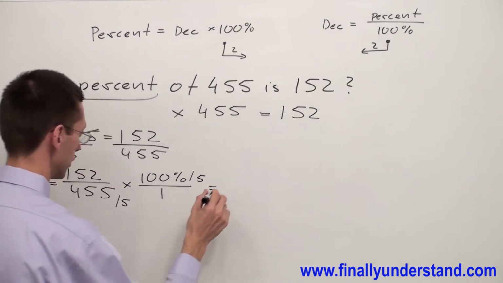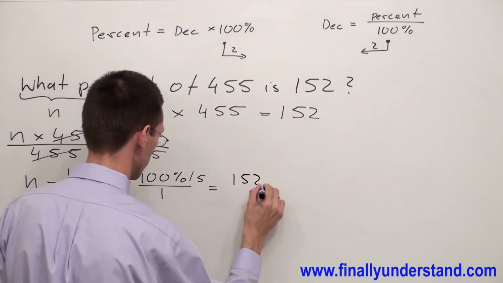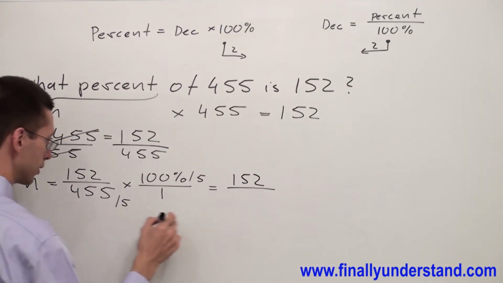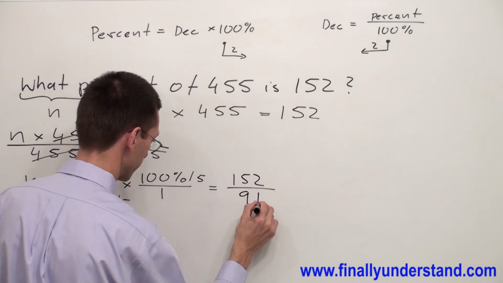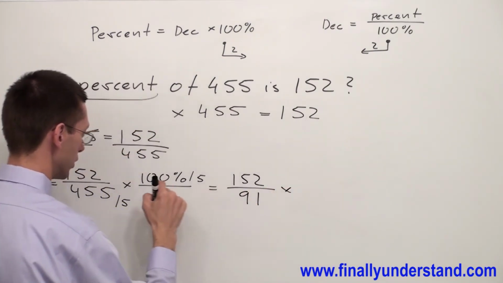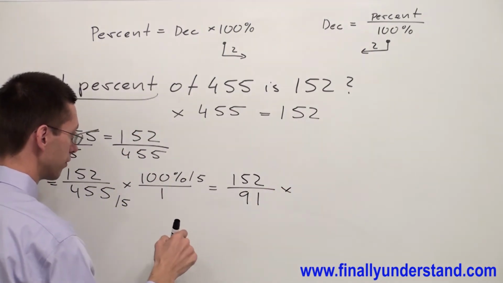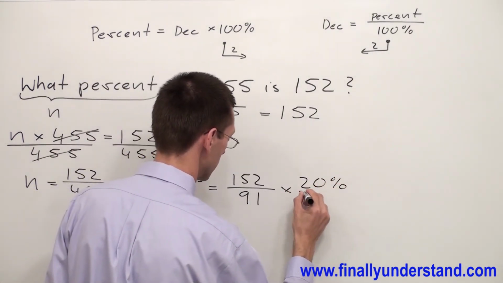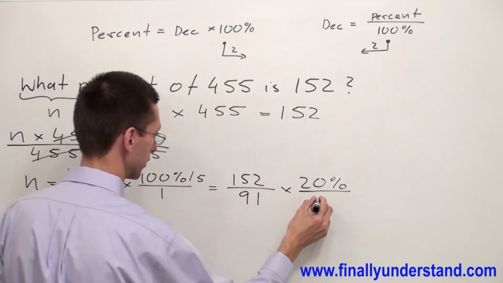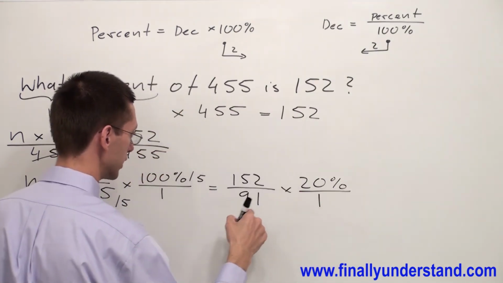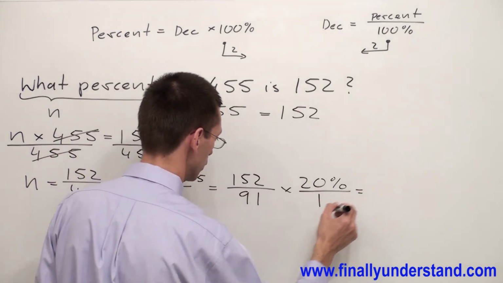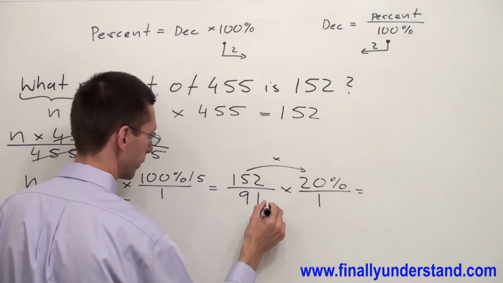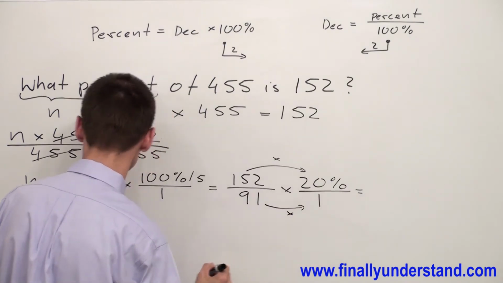So I'm going to have 152 over 455 divided by 5 is 91, times 100 divided by 5 is 20% over 1. We cannot reduce anything else over here, so I'm going to perform multiplication. I'm going to multiply numerator by numerator and denominator by denominator.